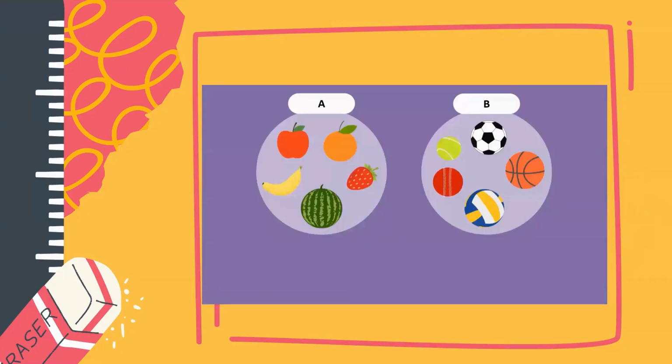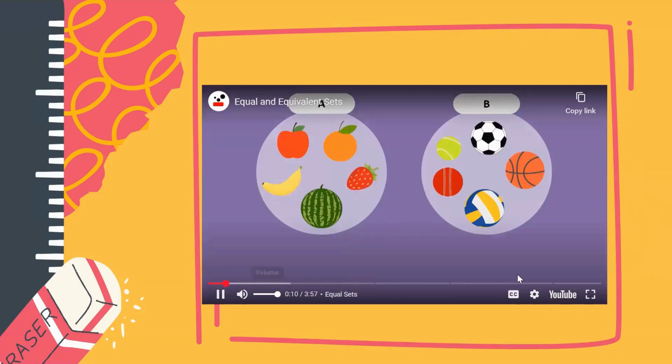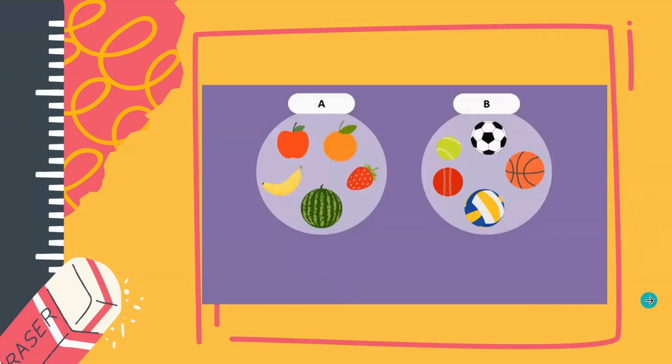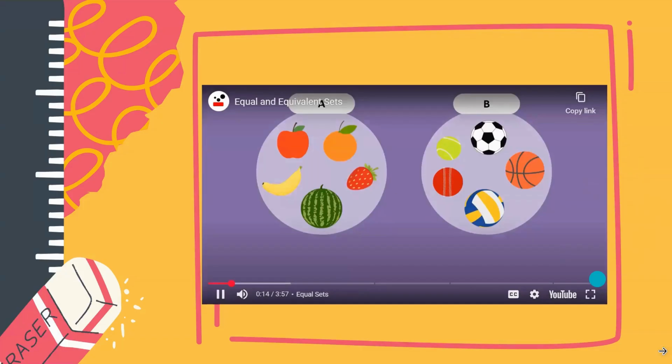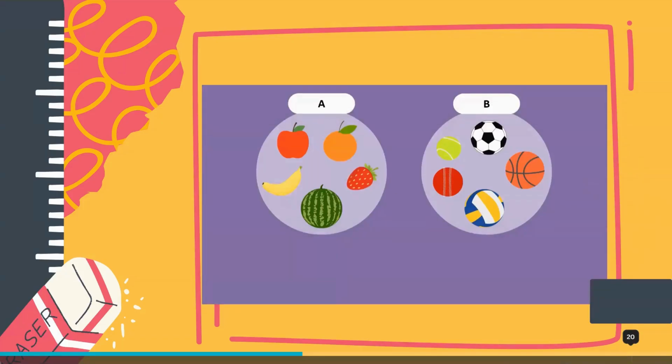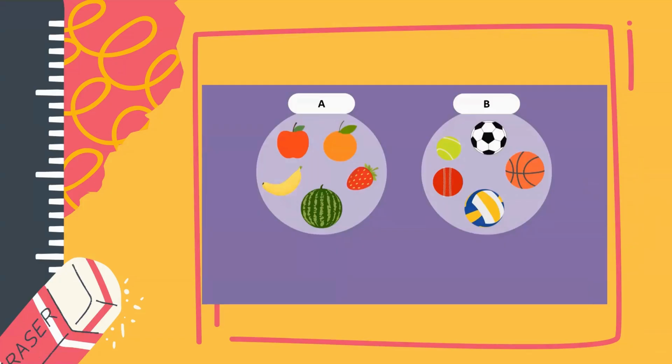Consider these two sets. Set A contains fruits, while set B contains balls. Do they have the same number of elements? Observe that there are 5 elements in both sets. When the number of elements are equal in two sets, we say that there is one-to-one correspondence between the elements of both sets.